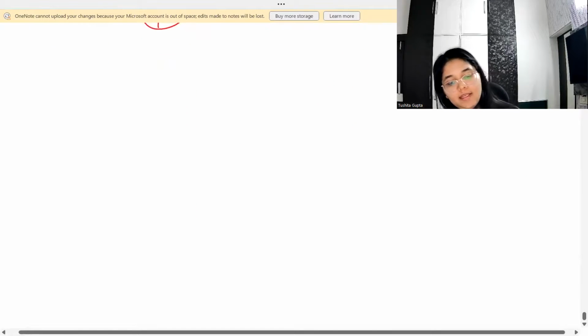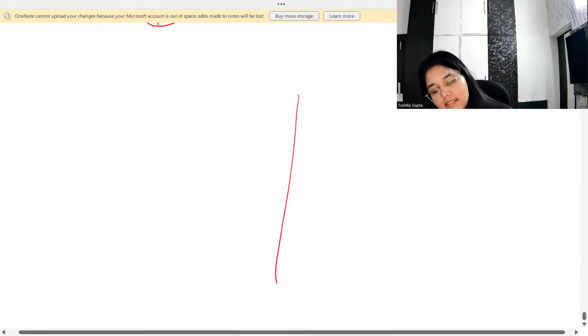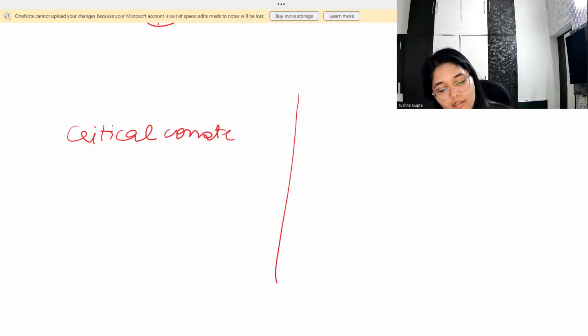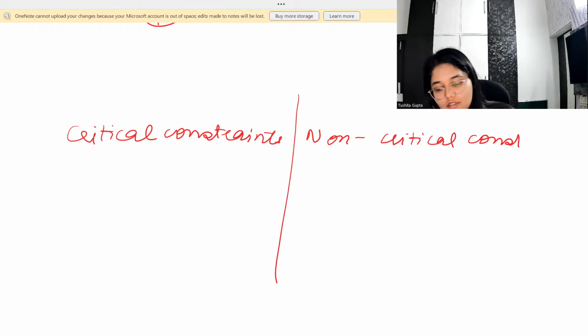Now there is another thing which we can talk about, and this is about critical constraints and non-critical constraints. Like the name suggests, critical means important. Critical constraints will be those constraints which are important at my optimal profit, where I'm maximizing the profit.